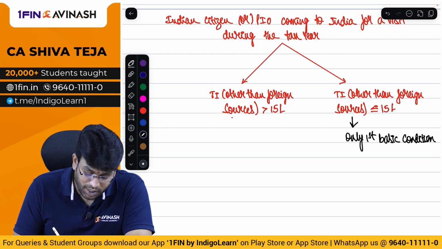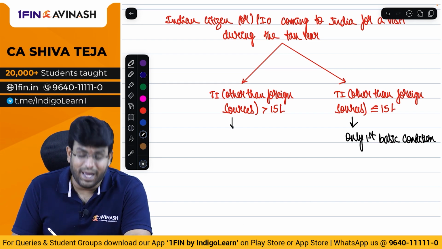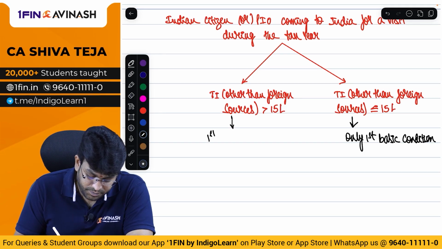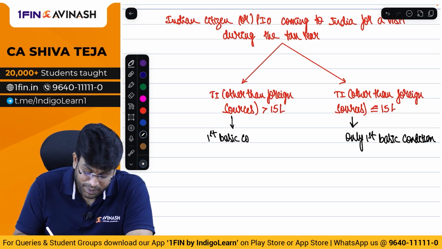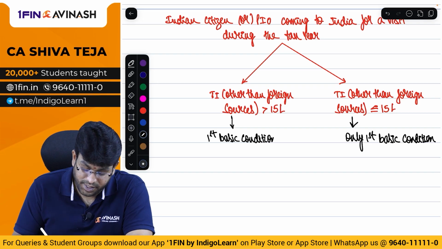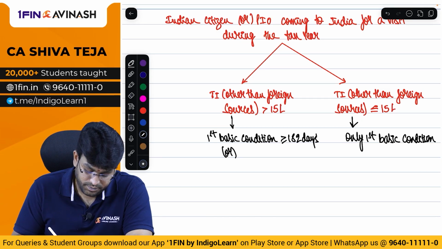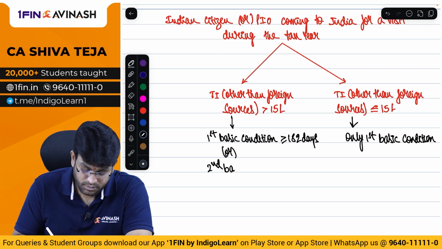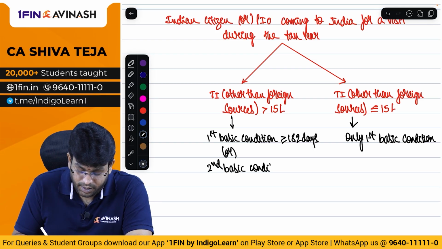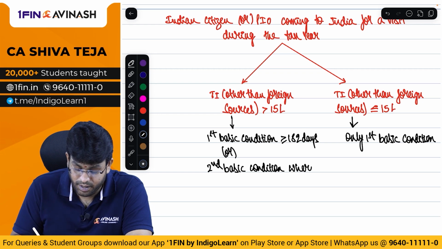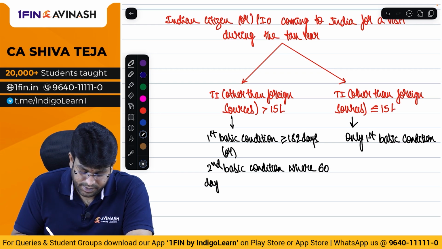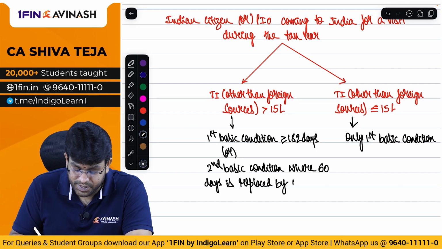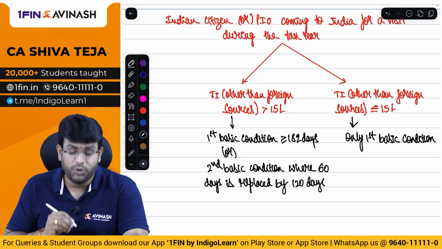Next, if total income other than foreign sources is more than 15 lakhs, then we will apply the first basic condition, greater or equal to 182 days, or the second basic condition where 60 days is replaced by 120 days.